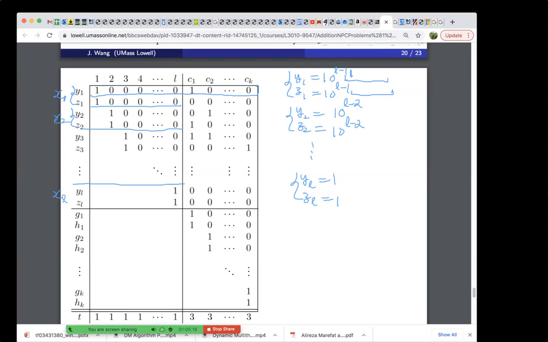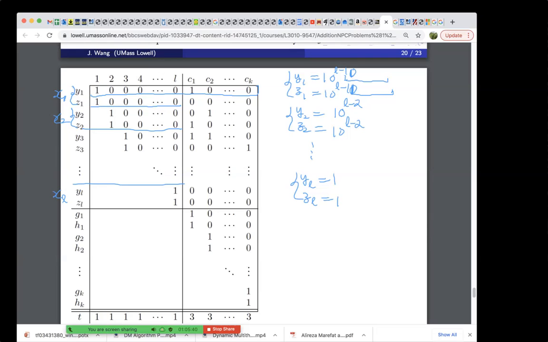Only one can happen. So if that's 1, that's 0. If that's 0, this is 1, right? So that's how this connection is made.